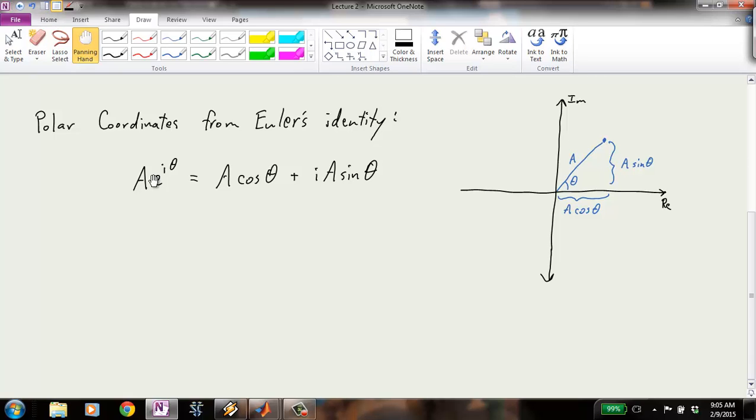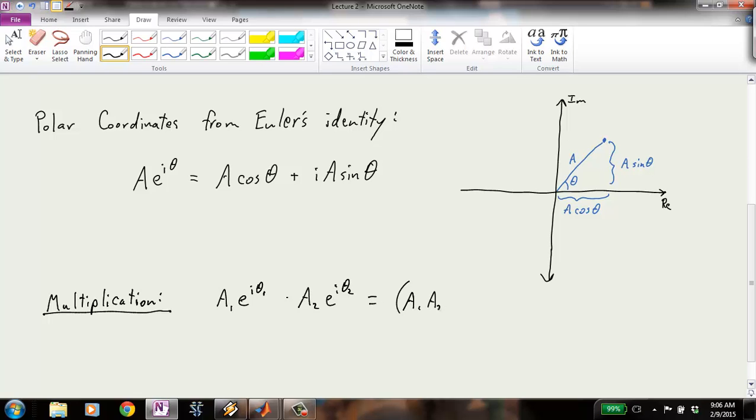The same goes for dividing. So for example, if we have two numbers represented in polar representation, A1 e to the i theta 1, and we want to multiply that by A2 e to the i theta 2, this is just going to be A1 A2 e to the i (theta 1 plus theta 2).